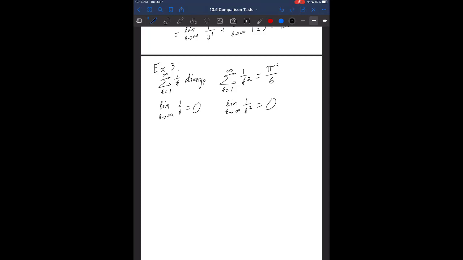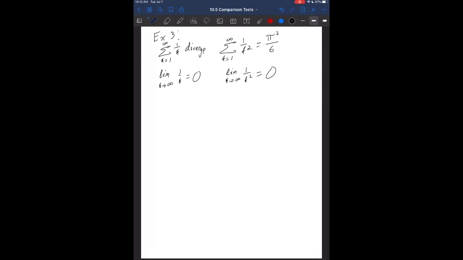I think we'll cover it in the section on Taylor series after the second test, and I'll show you how you can get this pi squared here. But this is one of those other interesting cases where it's not obvious why a pi should be here, or even a pi squared in this case. Okay. So the divergence test is inconclusive, and we can't actually draw information on these 2 examples.